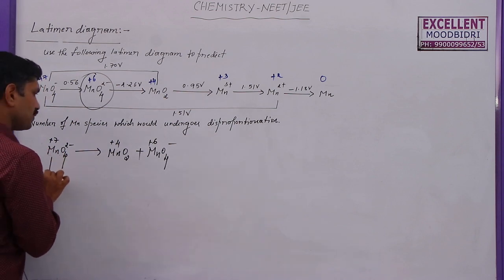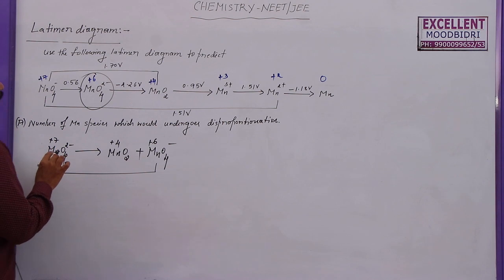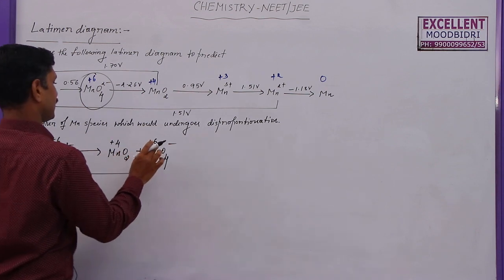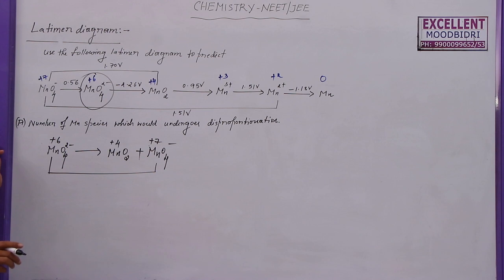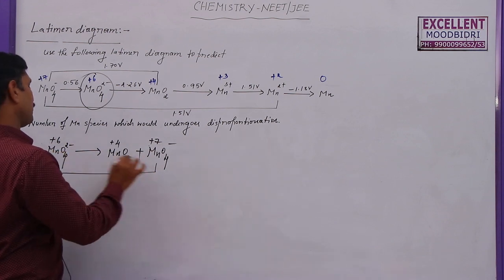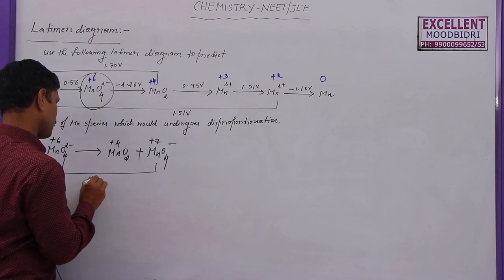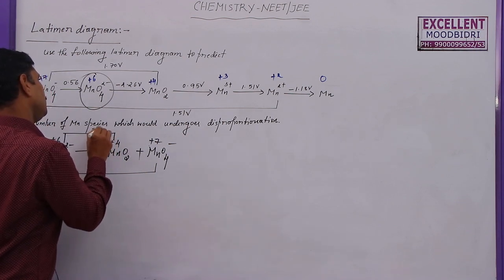Here +7 to +6 is reduction. For MnO4 2 minus here +6, and here actually +7, so +6 to +7, the oxidation state increases, oxidation.